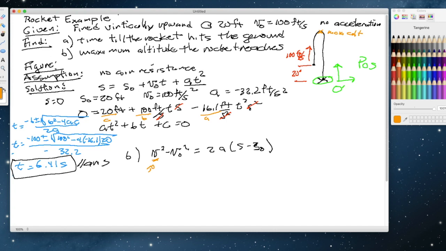So we end up with minus 100 squared will equal 2. The variables are the same. Acceleration is minus 32 times S, and that's the S max that we want to find, minus 20.